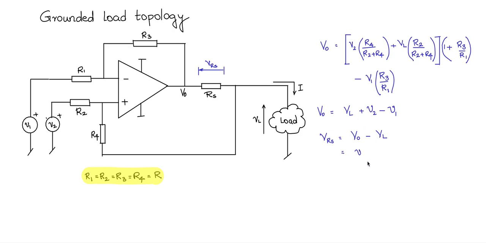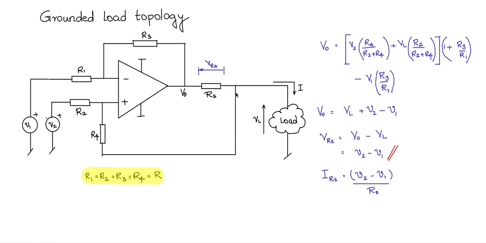These two will cancel. So you will have V2 minus V1. So this is the key relation. So what is the current through RS? IRS is equal to V2 minus V1 divided by RS. So this is the current that is flowing through RS.